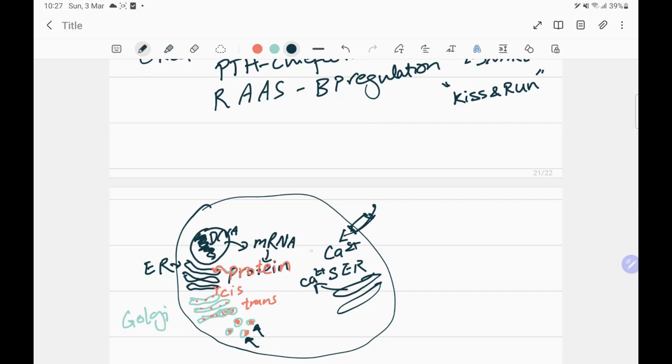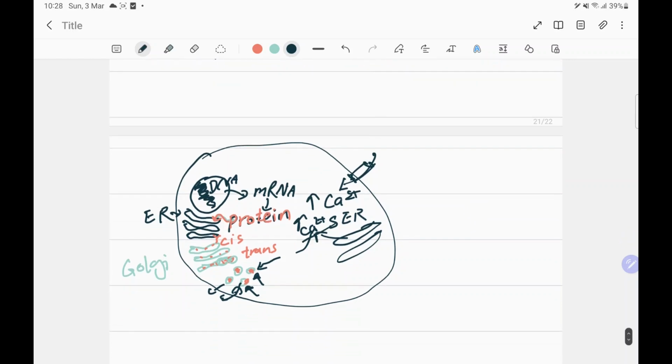So again, calcium levels rise, and this increase in calcium is going to cause these vesicles to fuse with the membrane and release substances out. This is how these things work. The point I want you to understand is that calcium comes in and then stuff goes out. The exception is parathyroid hormone and the renin-angiotensin-aldosterone system.